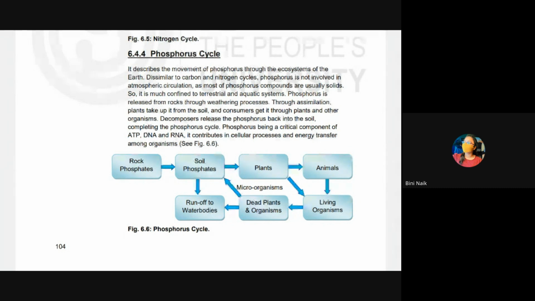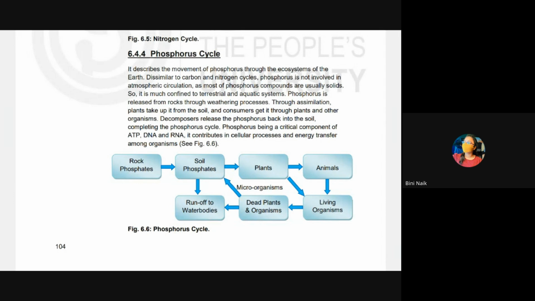These rocks contain phosphates, so that gets into the soil, because the parent rocks are basically developing the soil of that region. Once the soil gets the phosphate, it is taken up by the plants.